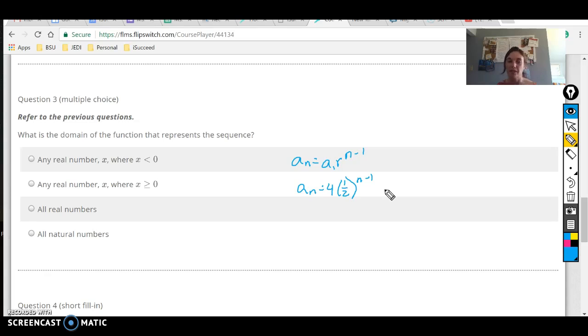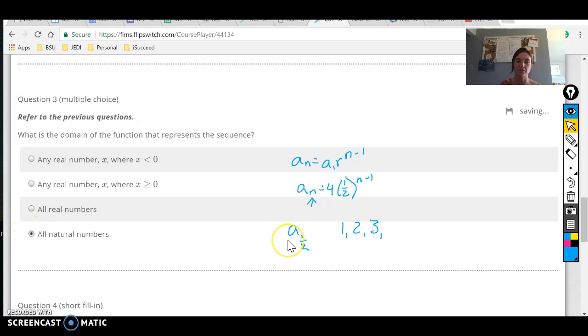Okay, the deal here is that we are dealing with specific terms. So I don't really have an a sub 1/2. That's not really a term. The only terms I can have are the first term, the second term, the third term. So my constraints here on my domain, or my n terms, are all natural numbers.